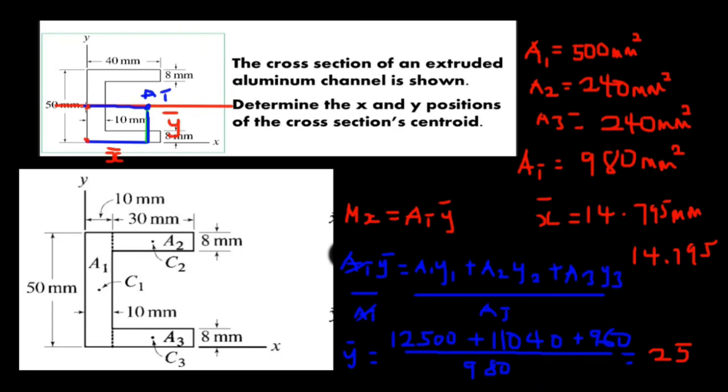So you see that at the end the centroid is on the line of symmetry. Let's say you move 14.8, I made it 14.8 because I rounded this one, it's 14.79 but I made it 14.8, on the x-axis, and then 25 millimeters on the y-axis.